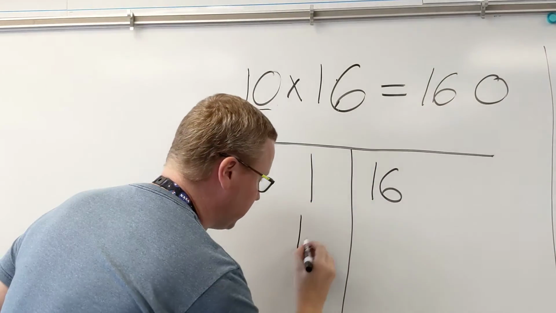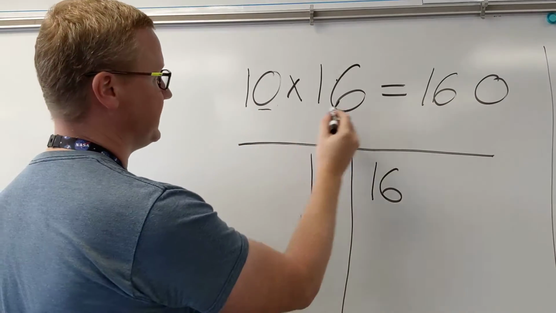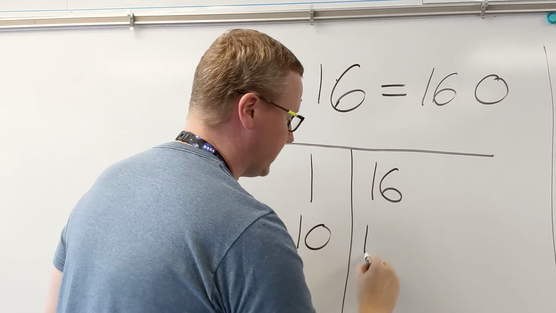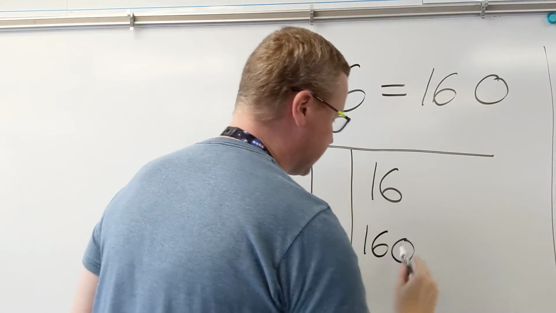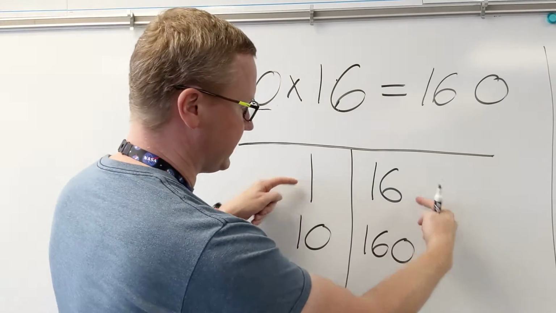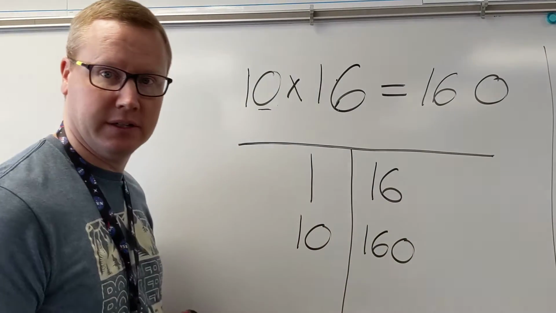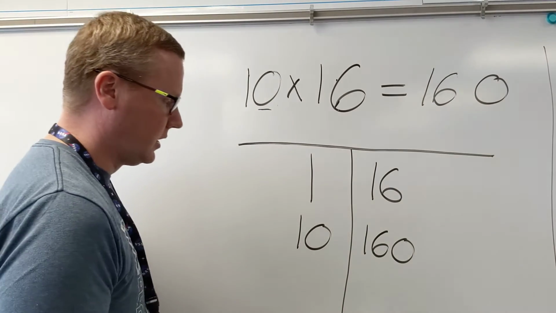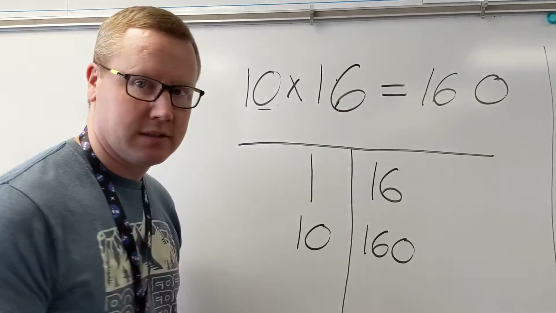If I have 10 groups of 16, my total is 160. And so you guys can see what changed from going from here to here. Yeah, they both got a 0 added to it. But what really happened, that's the easy answer.